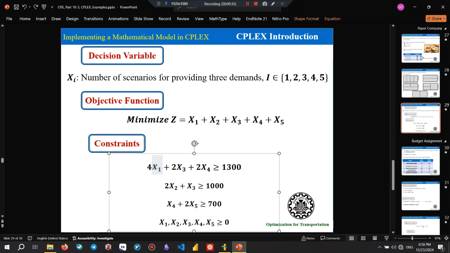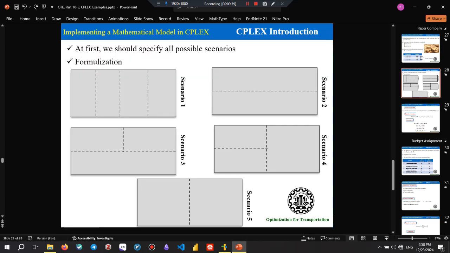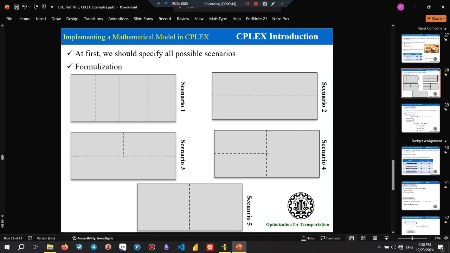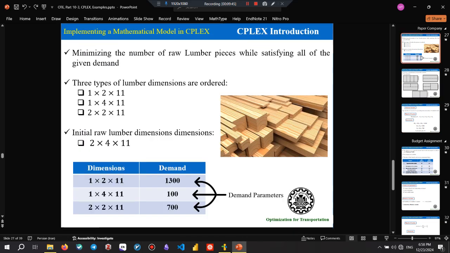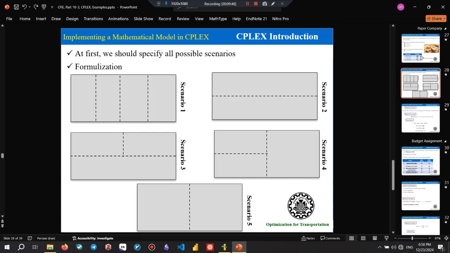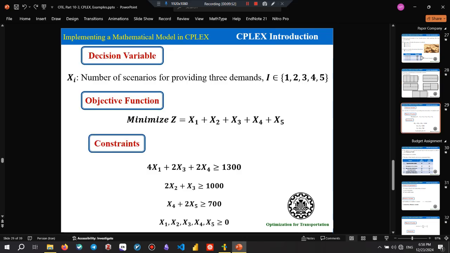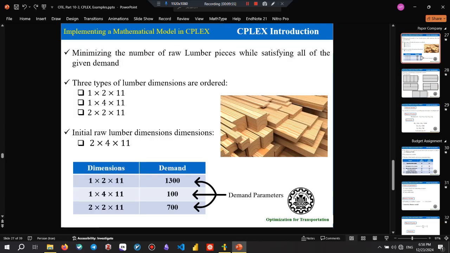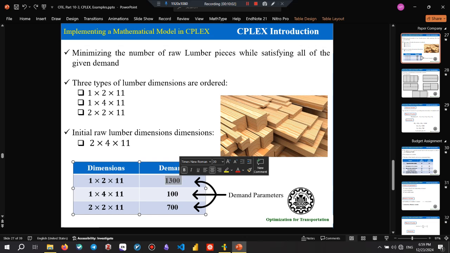As you may not guess right now, this is because of the existence of each of these three dimensions in each scenario. For example, I want to satisfy the demand for the first dimension, for this one, right? I want to satisfy it, which is 1300.